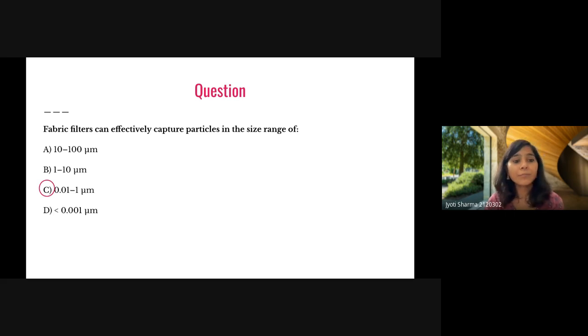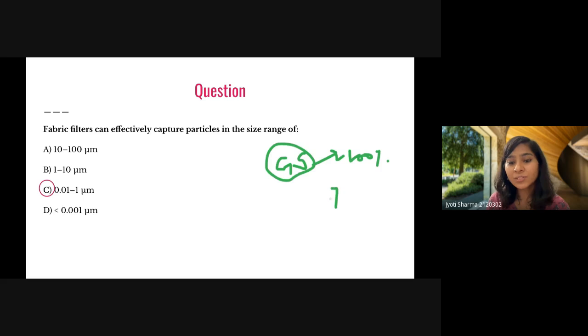If we are talking about a gravity settler, 90 to 100% efficiency can be achieved when the size is near 60 to 70 micrometer.